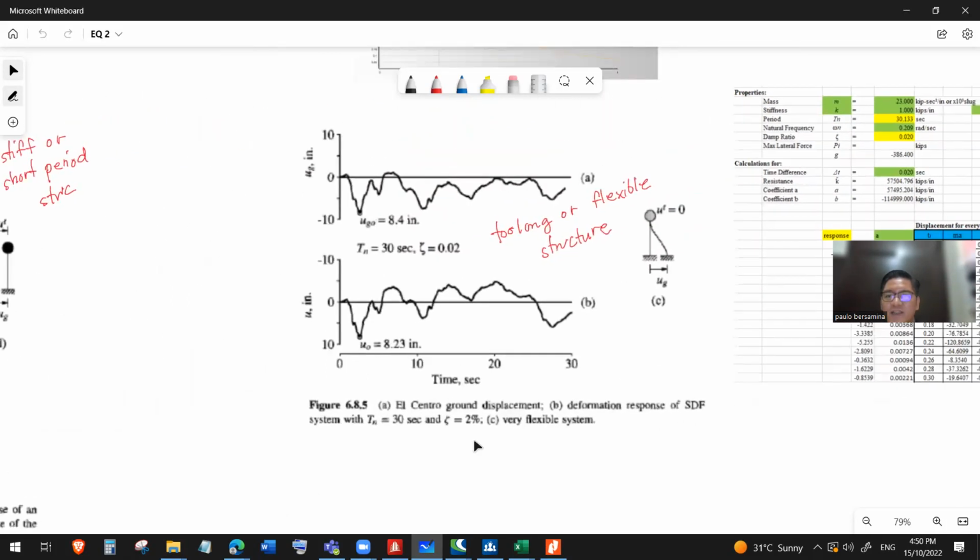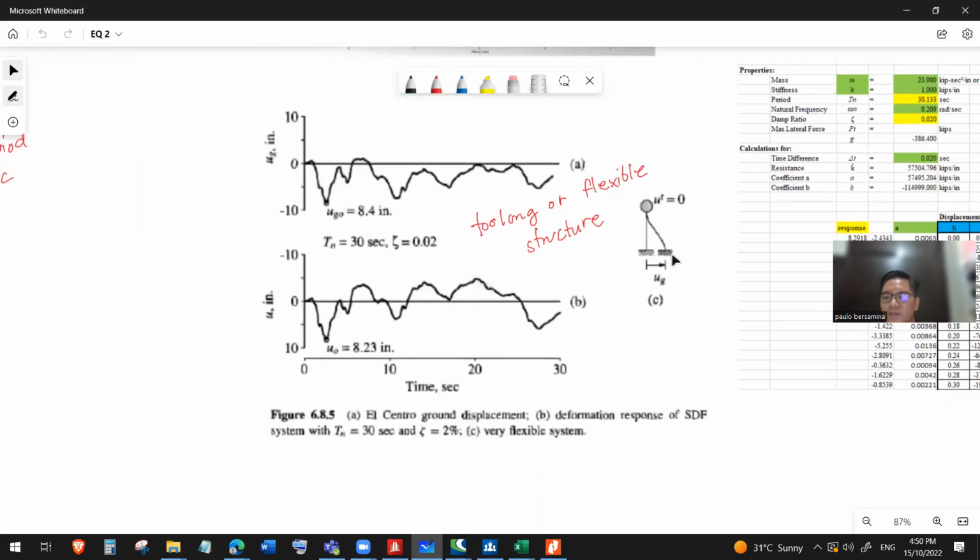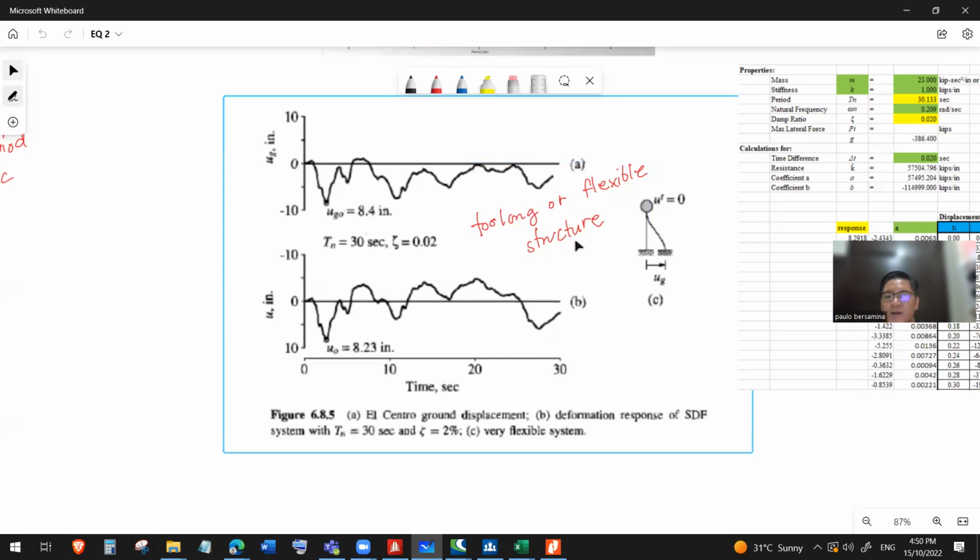And now, on the other hand, if your building is too long or having a flexible structure or very too long period structure, no, the ground deformation will equal dun sa peak deformation of your structure. Ayan, 8.4 inch yung ground deformation, while the peak deformation of the structure is 8.23 inch.